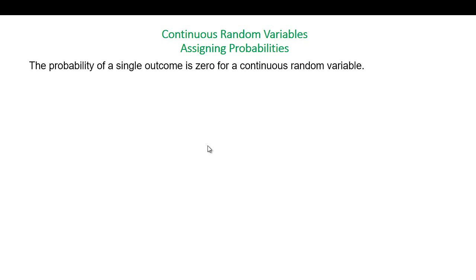Now, for a continuous random variable, how do we assign probabilities? Well, when you have a continuous random variable, the probability of a single outcome is 0.